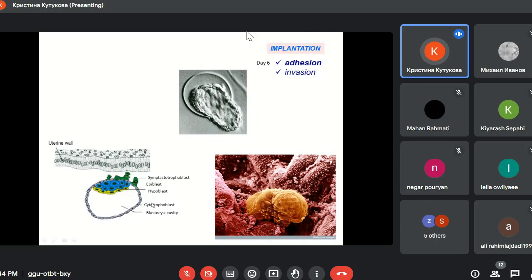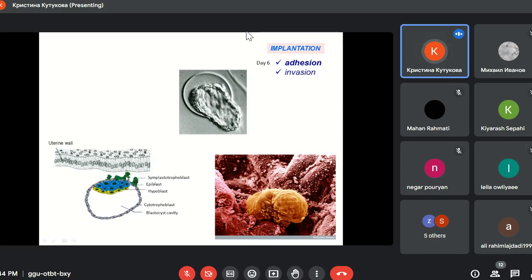Cyto means cells, symplasto means symplast. Symplast, you know it from the muscle fiber. Symplast is the result of fusion of cells. So cytotrophoblast cells divide and proliferate, so they make new cells, and some of them next fuse together to form symplastotrophoblast.